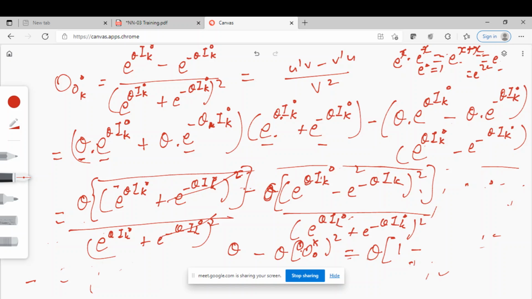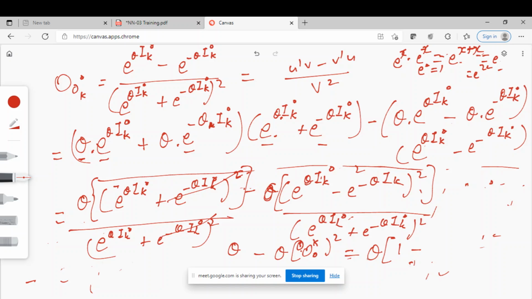So now Wjk bar is nothing but this entire thing: delta Wjk plus the old Wjk. So that is how we got this. Similarly, whatever you have done for this, this is for the W part.